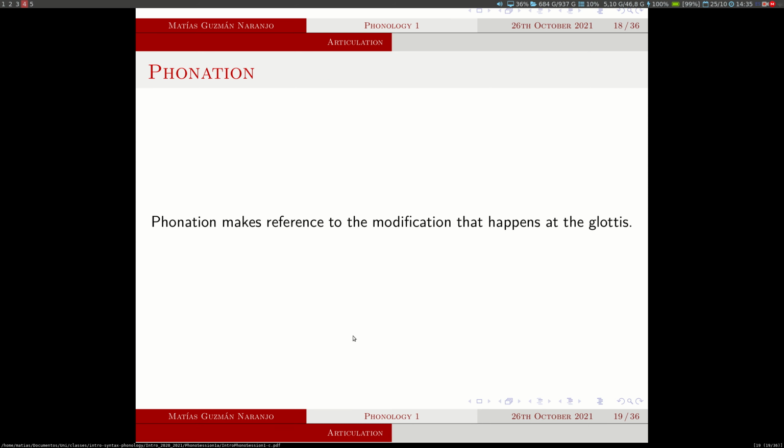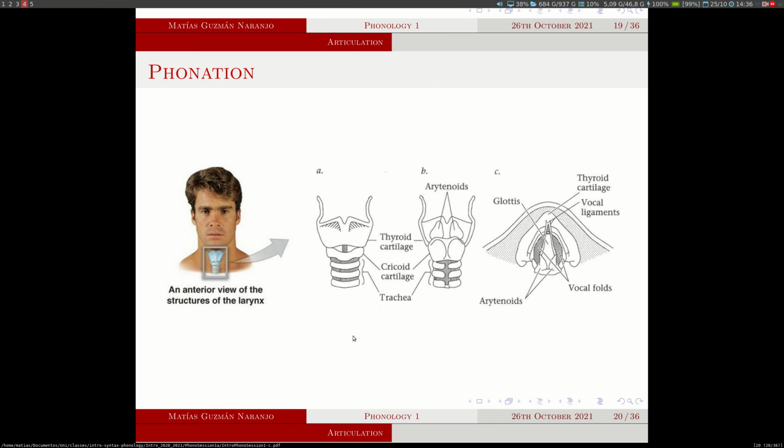Now, regarding the phonation process, this is a further modification to the airstream that happens at the glottis, and this is a rough view of your larynx. You see here the trachea and the larynx, and here you have the thyroid cartilage, where you find the glottis and the vocal ligaments and the vocal folds.